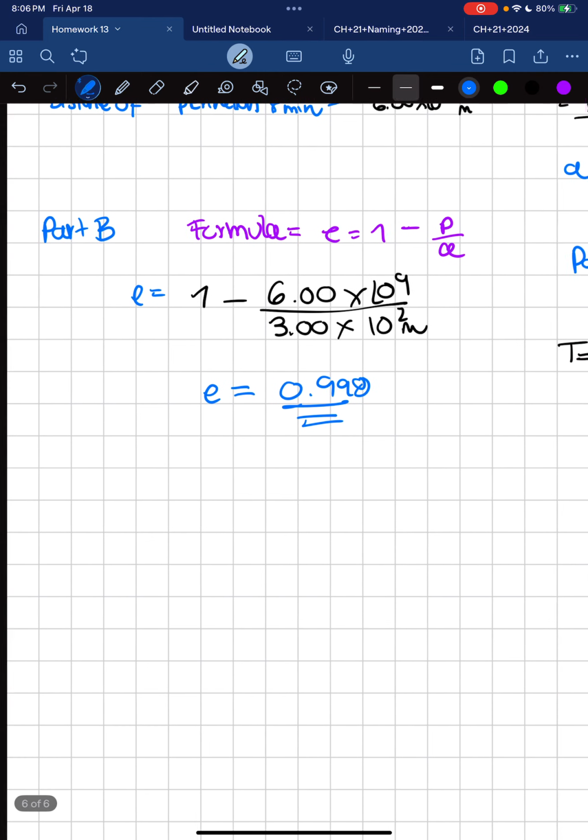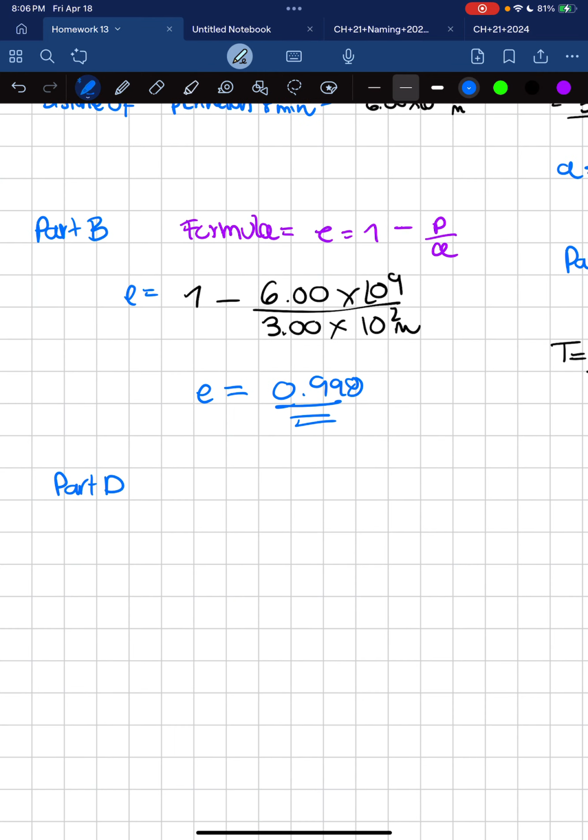Alright, now let me go with part D. For part D, they're saying that the orbit of a certain asteroid around the sun has a period of 7.85 and an eccentricity of 0.250.